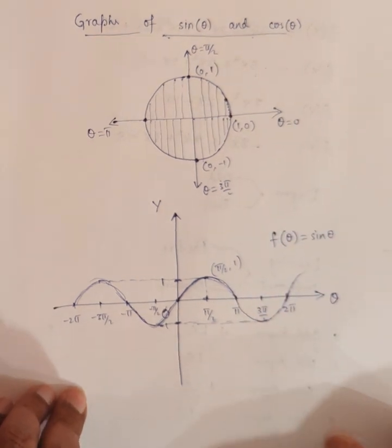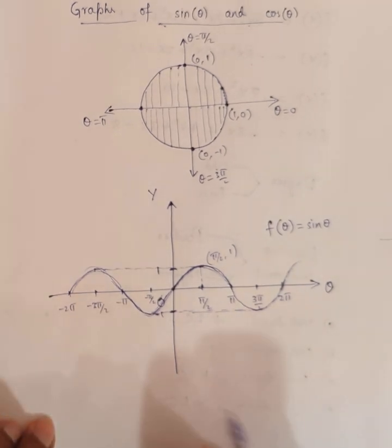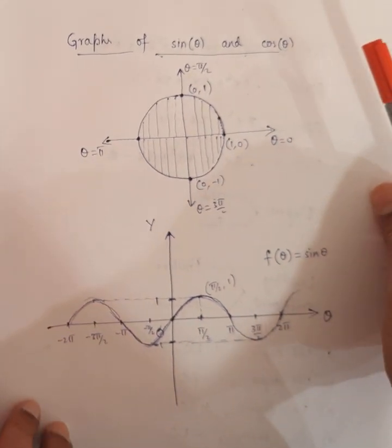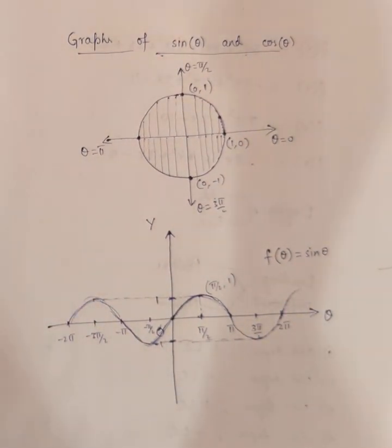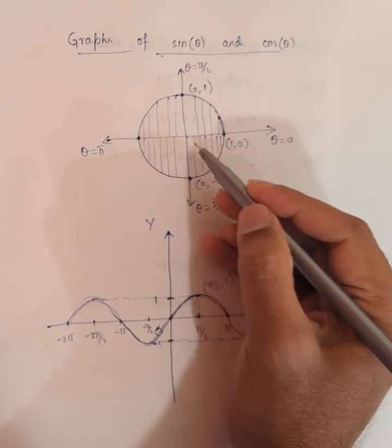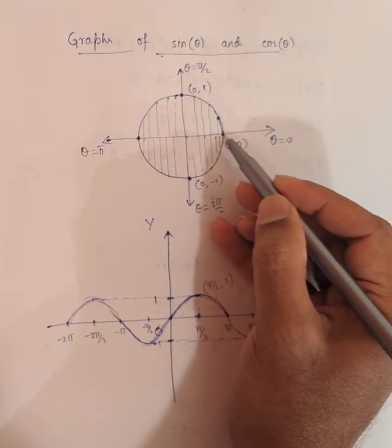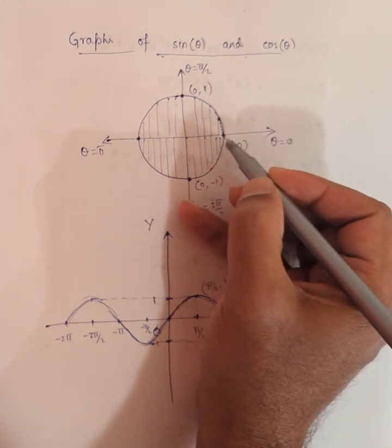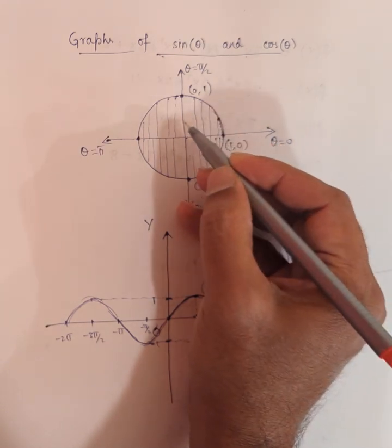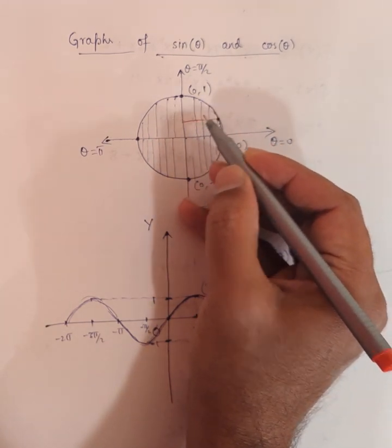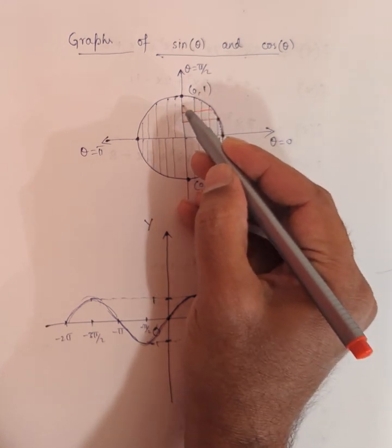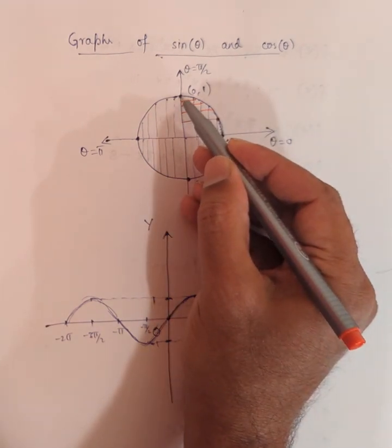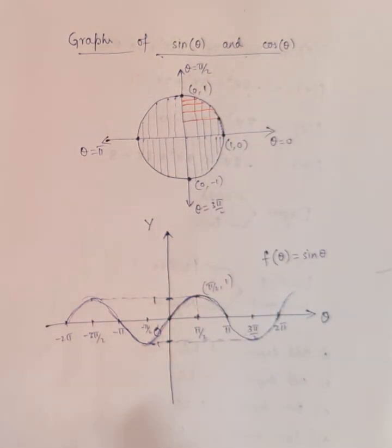Now for cos theta, let's draw in the same graph, and I'll use a different color. Cos is the x coordinate. It starts highest, and as theta increases, the x coordinate keeps on getting smaller and smaller. The x coordinate is this length. Eventually it reaches 0 when theta is pi over 2.